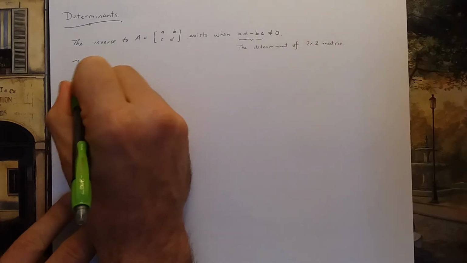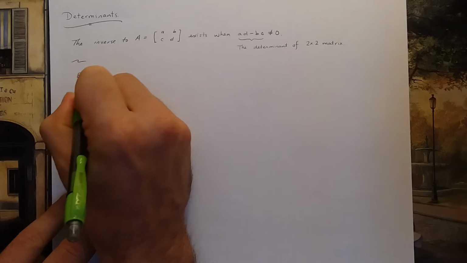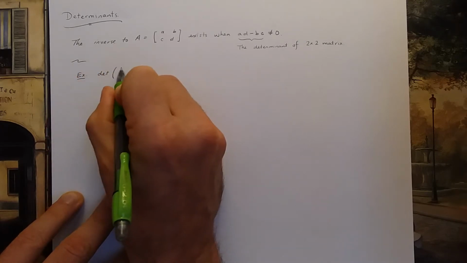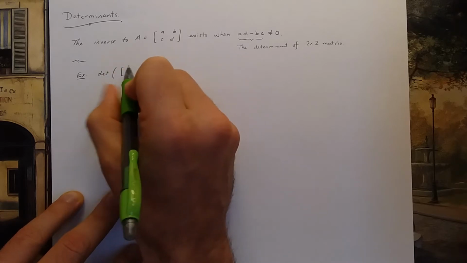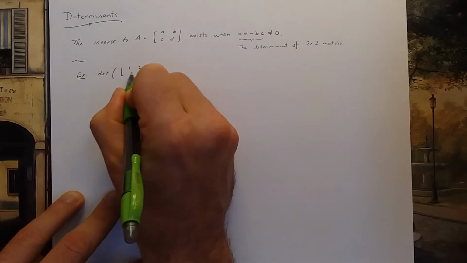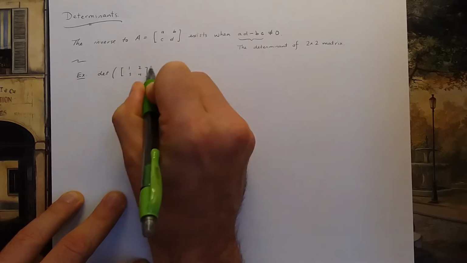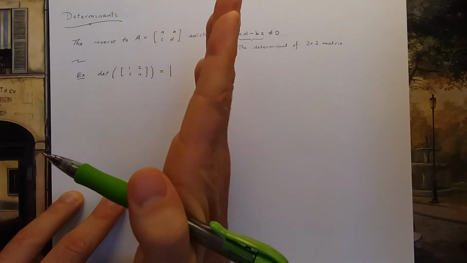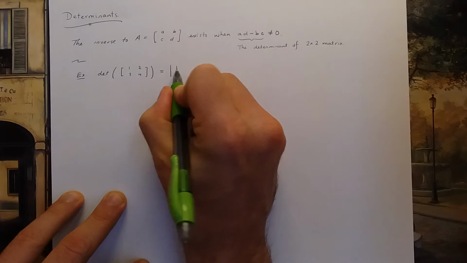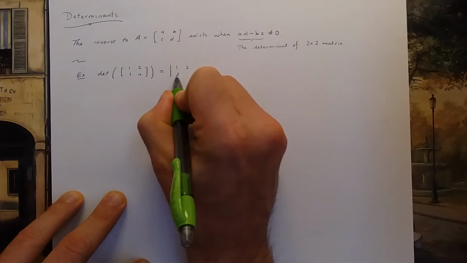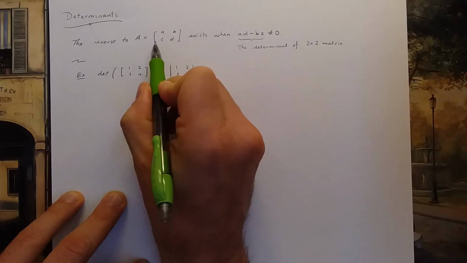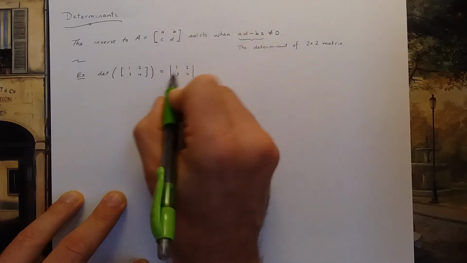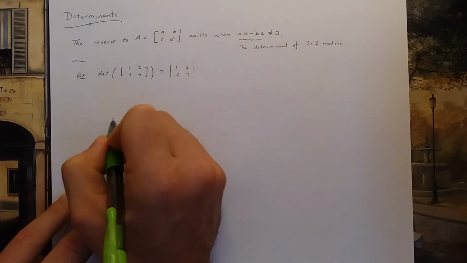So for example, the determinant, sometimes written DET, of the matrix 1, 2, 3, 4. This is also sometimes denoted with straight bars around the matrix instead of the top and bottom brackets.